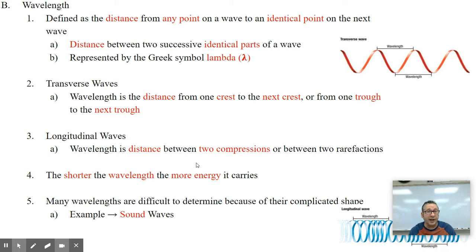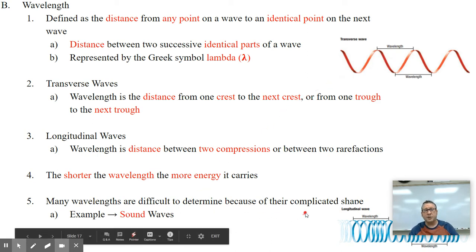Now, the shorter the wavelength, the more energy it carries. So basically, if we look at a transverse wave, the tighter these little amplitudes are, the shorter the distance between two points, the greater the energy. All right. Many wavelengths are difficult to determine because of their complicated shape, like sound waves.